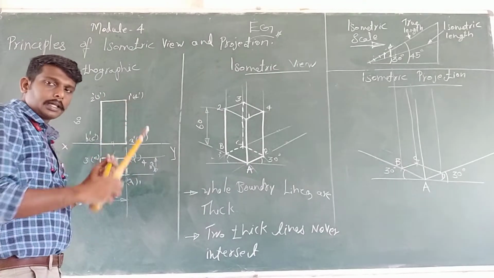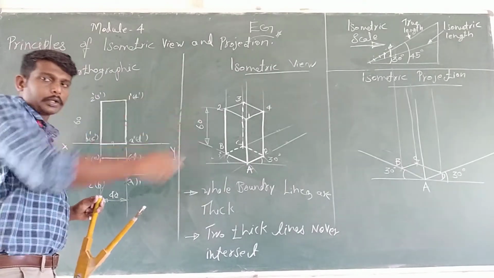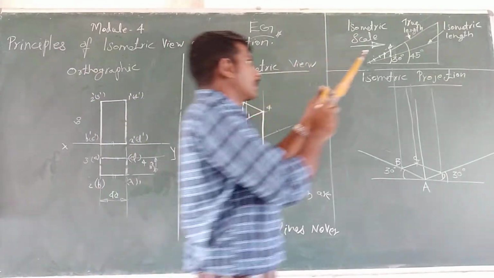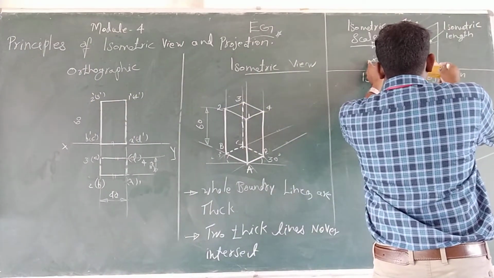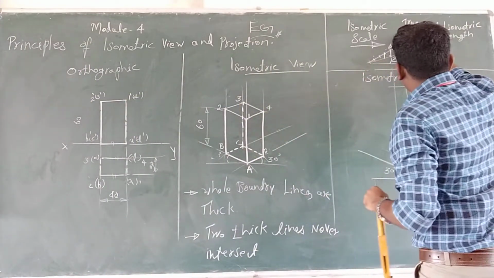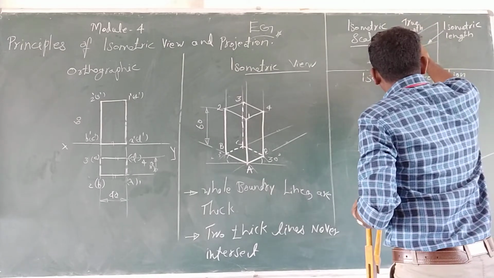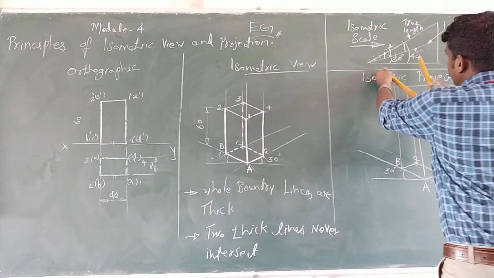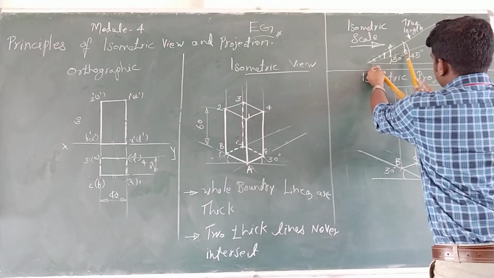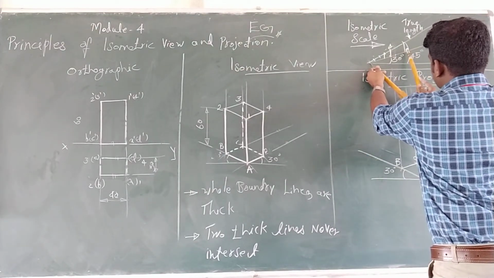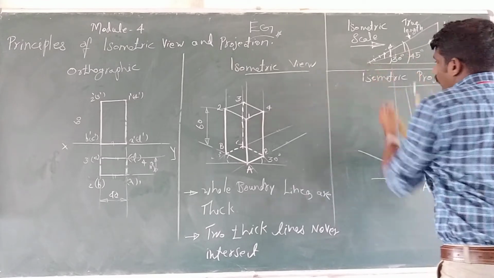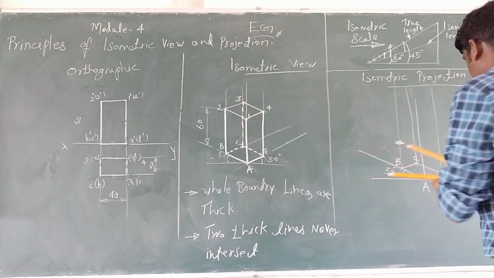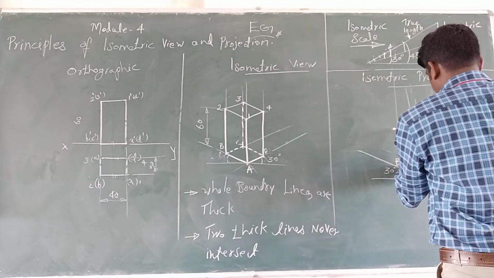We should convert all the lengths to isometric length. So take 60 mm with the compass, mark it on the isometric scale, then draw a vertical line to the isometric length. That gives the reduced length, 82% of the true length, the isometric length of 60 mm. Then mark the distance on each coordinate.